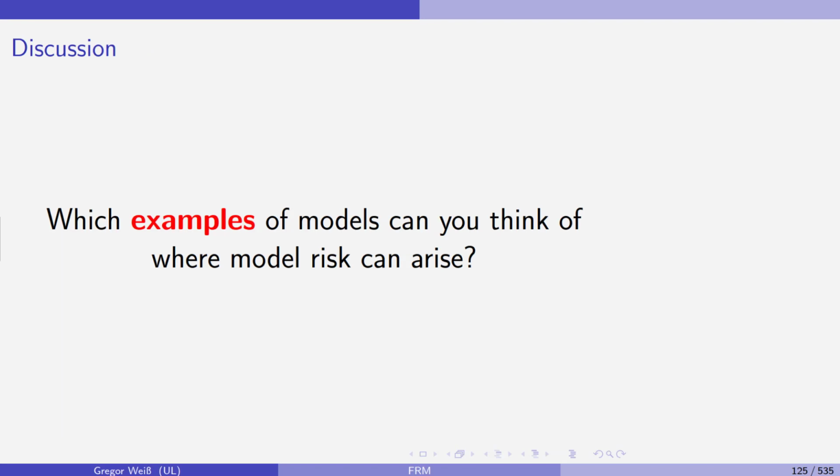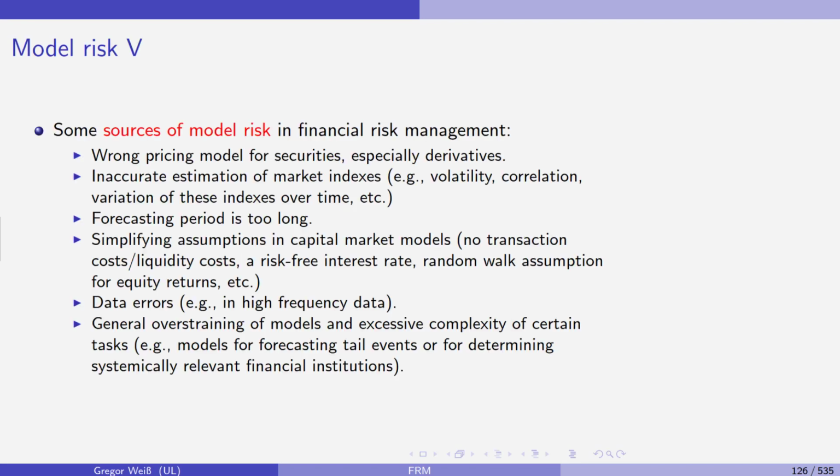So which examples of models can you think of where model risk can arise? Well, if you've taken the class on financial derivatives, you probably know that you have pricing models. And if you take the wrong pricing model, or have the wrong assumptions in your pricing model, then of course these models can cause model risk.